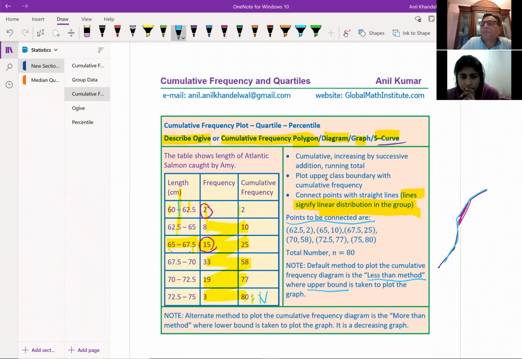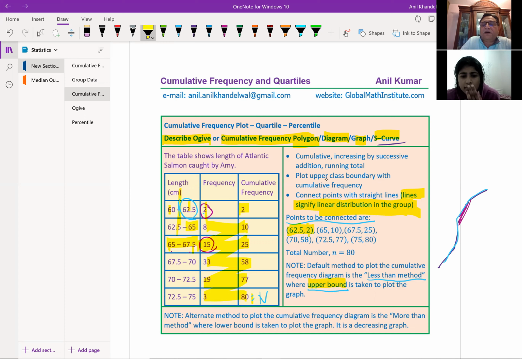Is that clear? So we are saying, how many are less than 62.5? There are two less than 62.5, and therefore I get a coordinate point, 62.5, 2. Because you took the cumulative frequency, and then you get a coordinate point, right? Upper bound 62.5, cumulative frequency 2.